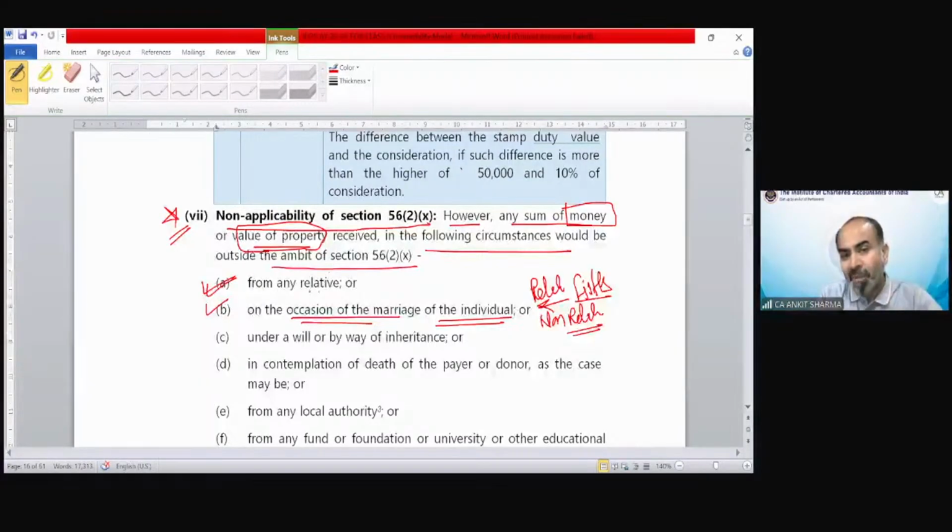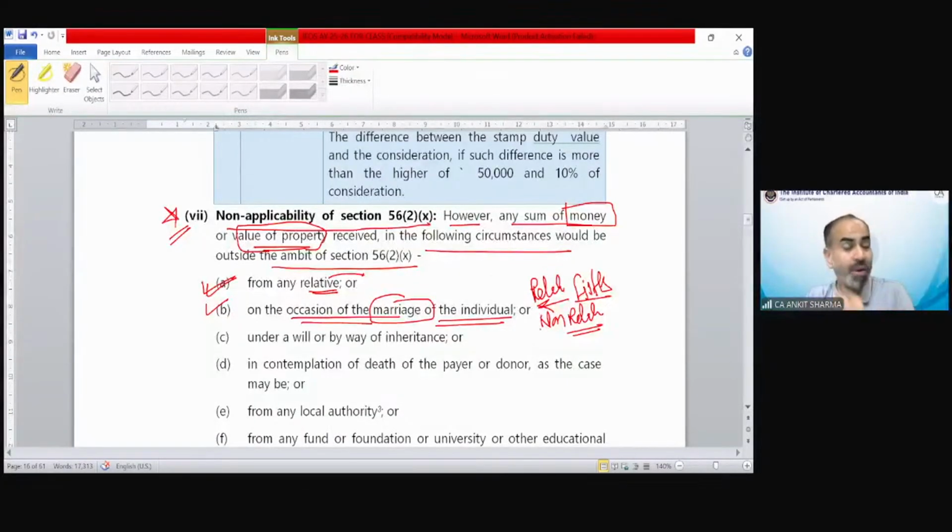So from a relative, a gift received anytime, whether there is marriage, no marriage, birthday, Sunday, Monday, Tuesday, etc., does not matter. From a relative, if a gift is received, it is always exempted. But at the time of marriage, a gift received from a relative is already covered in point number A. So this is more importantly for non-relatives.